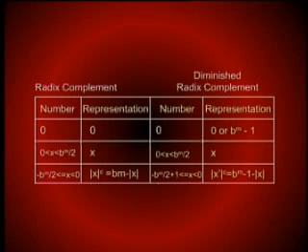In the first row, number 0 in all cases would be represented as 0 except for the diminished complement representation, where it could be 0 or it could be b raised to power m minus 1. Both are equivalent. Any number x for radix value or the diminished radix would be between 0 and b raised to power m divided by 2.